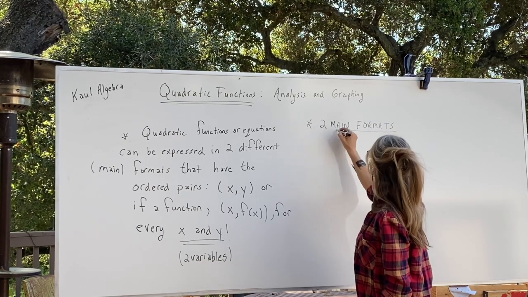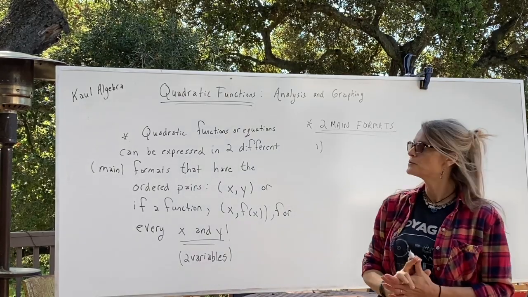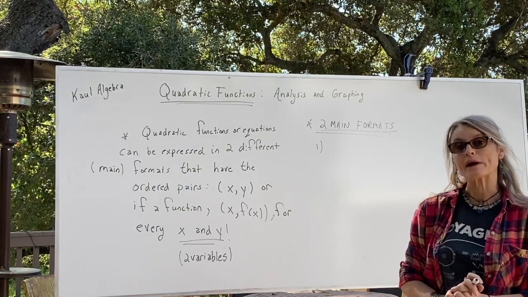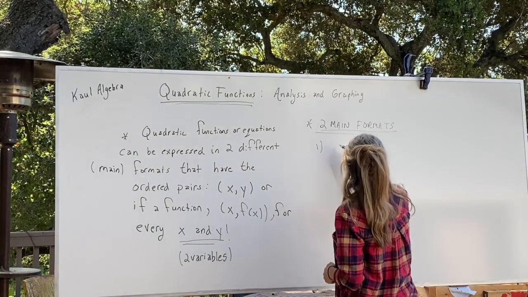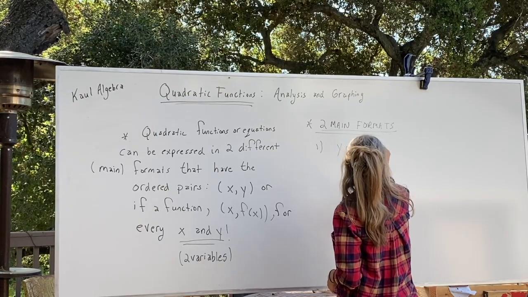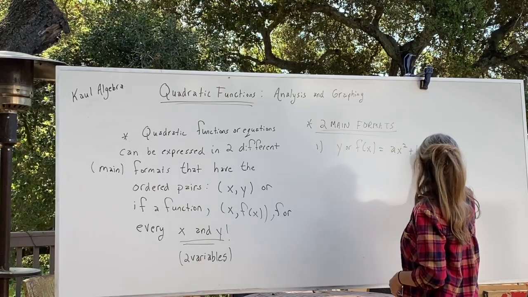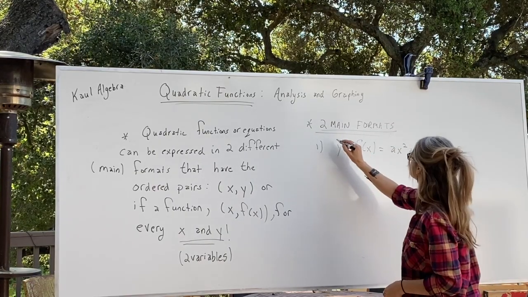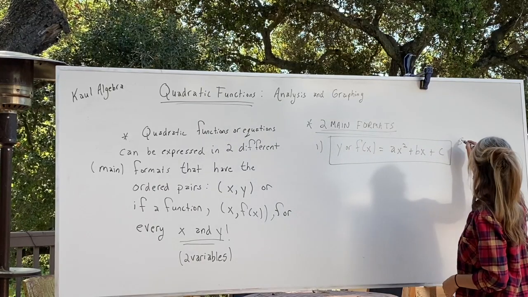And these two main formats are going to be, number one, we're already used to this format. We've used it when we were solving the quadratic equation, but we were only using it when we had one variable. This is your y, or f of x equals ax squared plus bx plus c format. Okay, and this is your standard or general form.